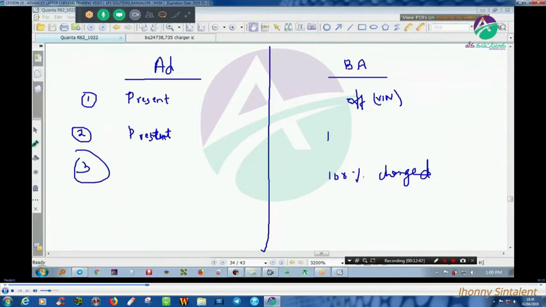The charging section will cut off. The adapter will go to cutoff, correct? Yes.